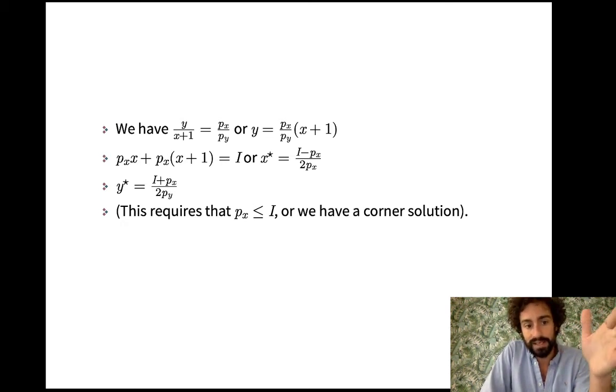So that we get pxx plus py times this value for y, the py's cancel out, and we're left with px times x plus 1. And then we just solve for x.